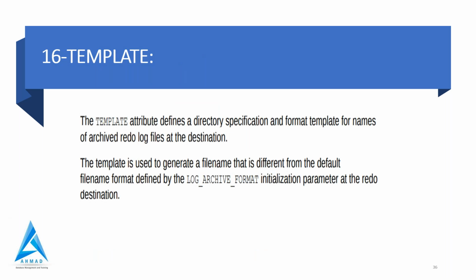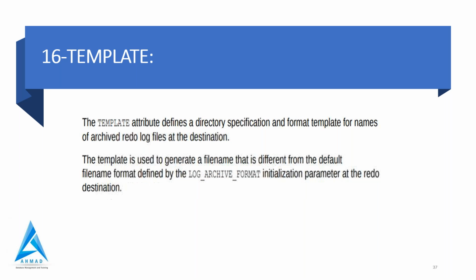Another attribute is template, which basically defines the directory specification and format template for the names of archived redo log files. Template is used to generate a file name that is different from the default file name, which you define in the log_archive_format initialization parameter at the redo destination.